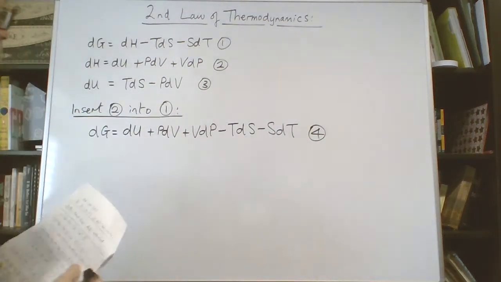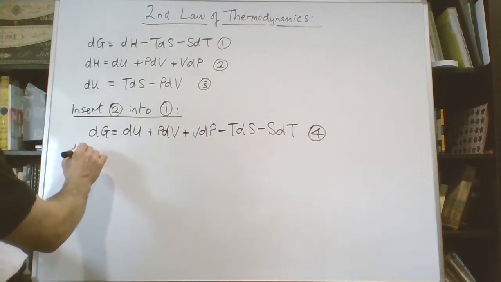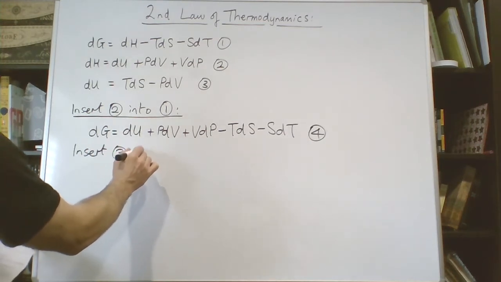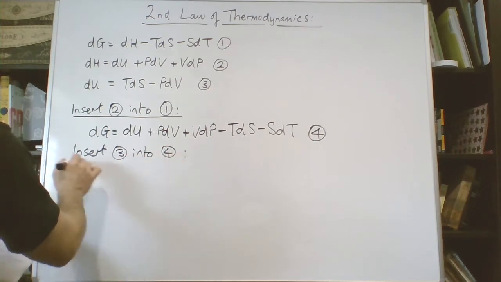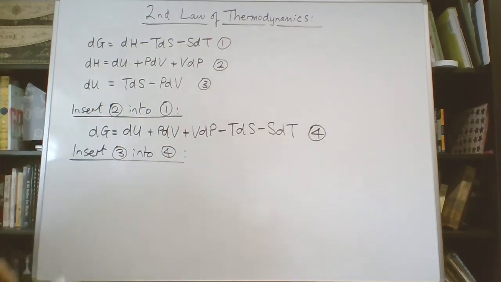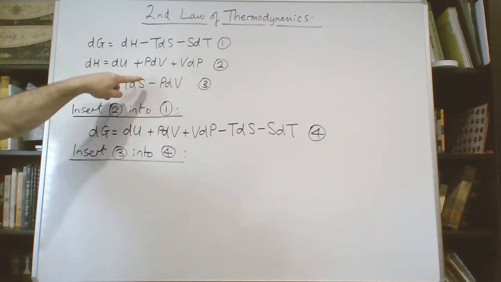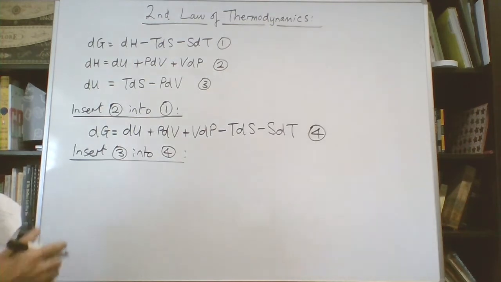I'm now going to insert equation 3 into equation 4. And as you can see, dU is this material here. This material is now going to be subbed into this spot here.